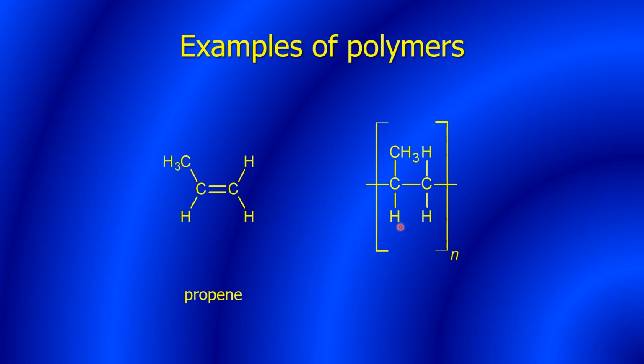So that's our structure of the polymer, and the name of this polymer takes the name of the monomer, propene, and puts the prefix poly in front of it. So this would be called polypropene. Polypropene is another very useful polymer, useful plastic. Polypropene is used to make washing up bowls and crates and various sort of harder plastic objects like that.